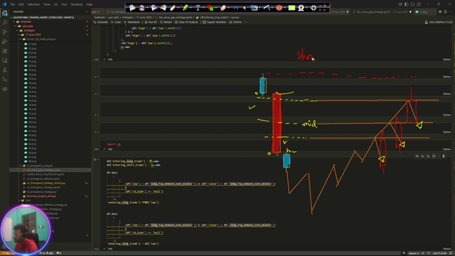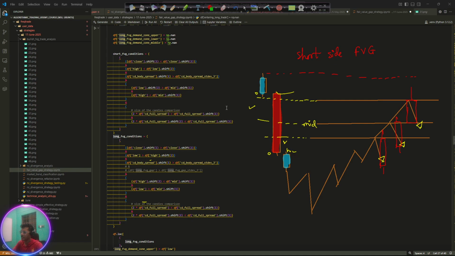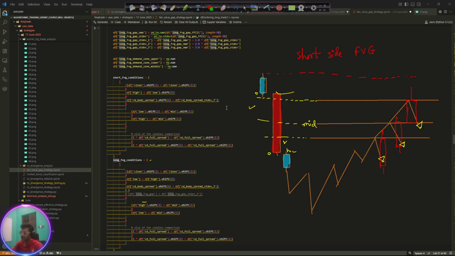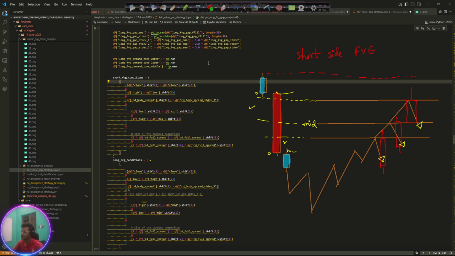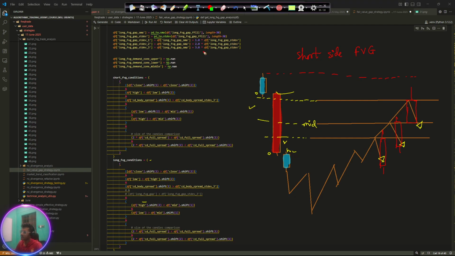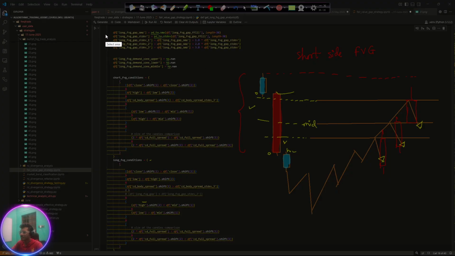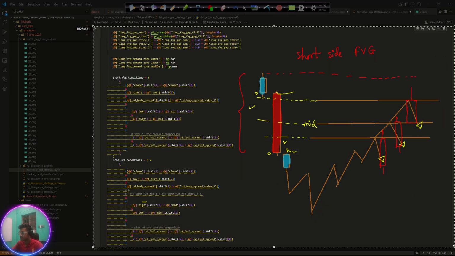So this is my short side FVG, and you can see the code for it here. Okay, I'm going to point it here. Let me take a screenshot of that.